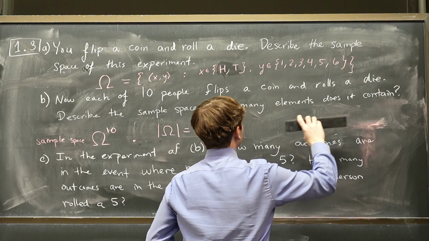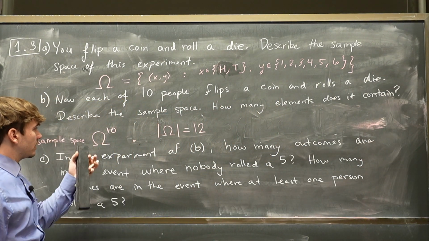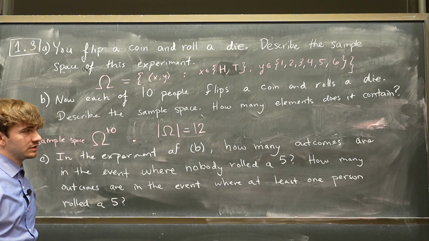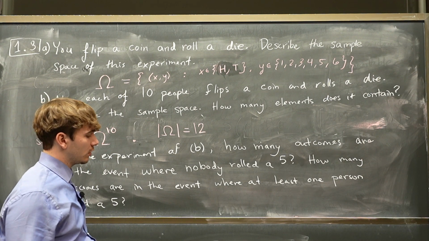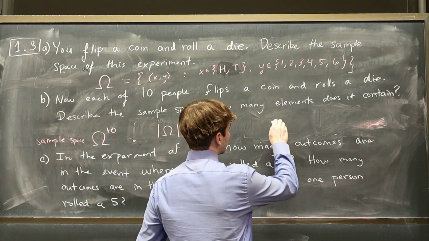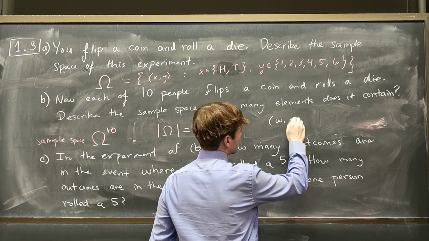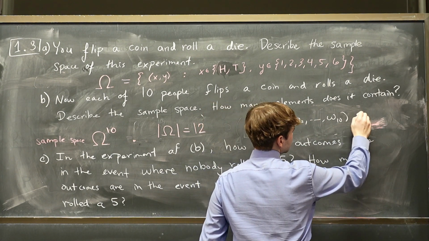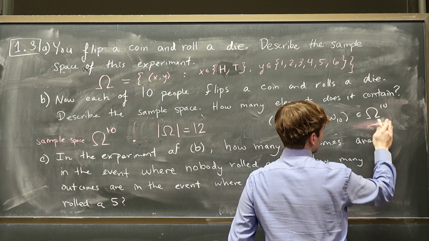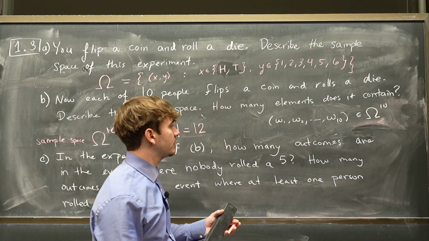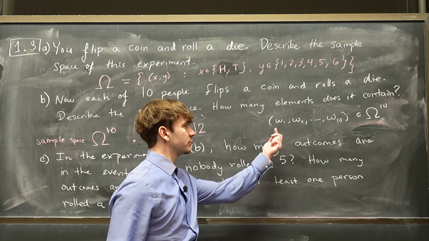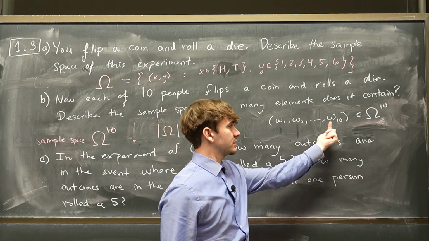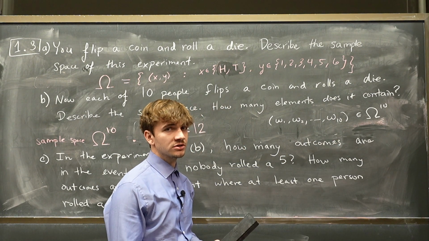Now, if I look at omega to the power 10 and I ask how many elements does this sample space contain? Well, if I look at an arbitrary element in omega to the 10, then I know that there are 12 possible choices for this first entry, 12 possible choices for the second entry, etc. All the way to the 10th entry, there are 12 possible outcomes.